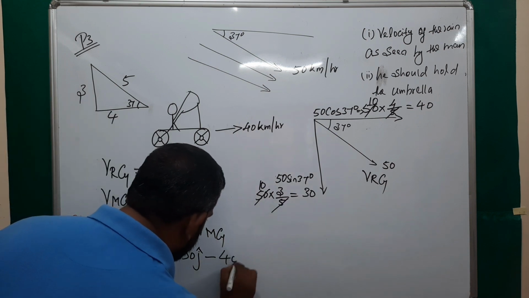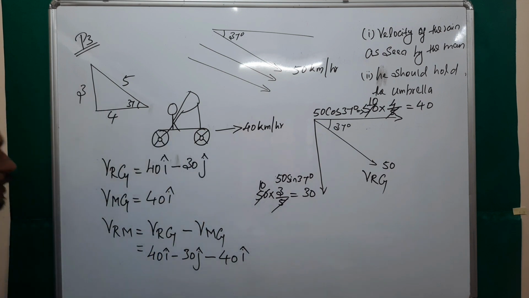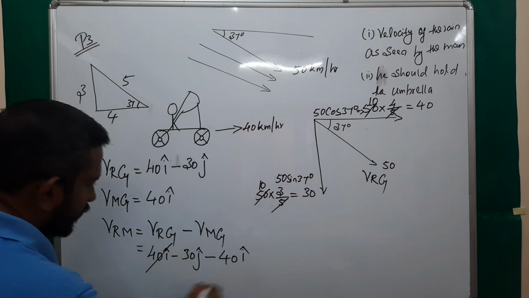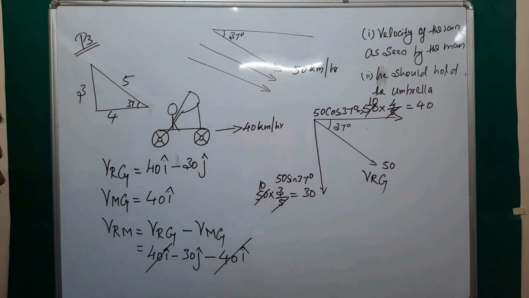That is 40 i cap minus 30 j cap, minus 40 i cap. So 40 i cap minus 40 i cap get cancelled.